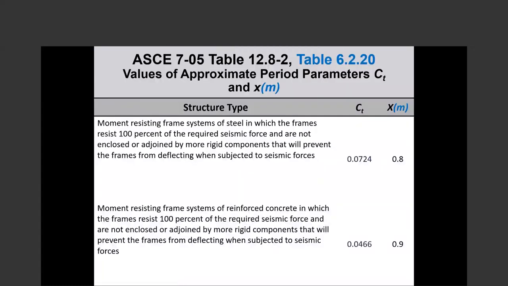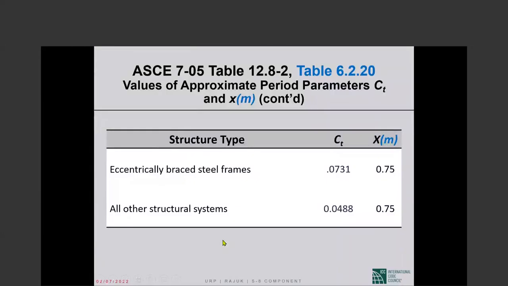The values of C sub T and X are given. There is a set of values for moment resisting frames of steel, a set of values for moment resisting frames of concrete, then a set of values for eccentrically braced steel frames.